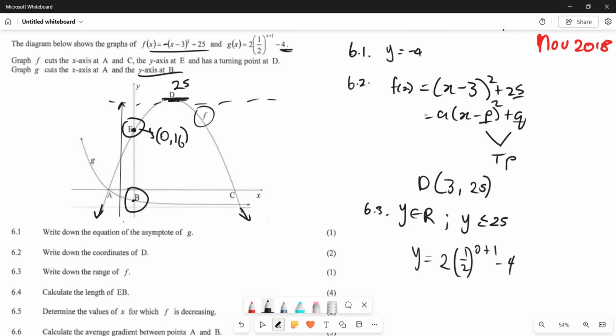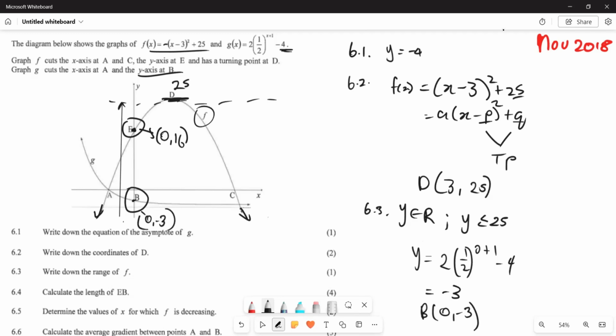The answer is negative 3, so the coordinate of B is 0 and negative 3.